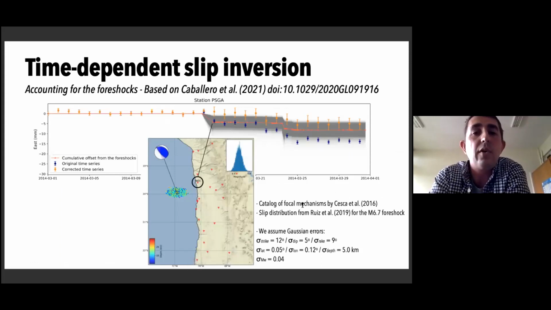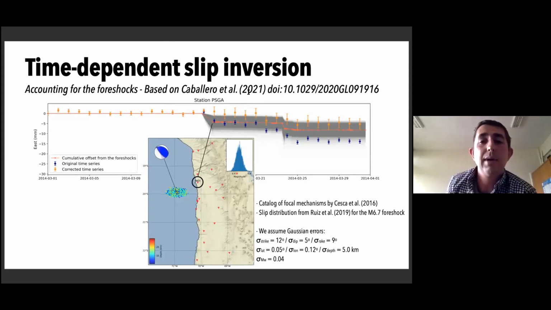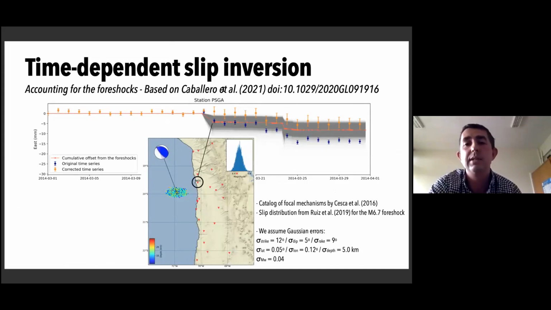For that, we developed a method, or actually I should say Emmanuel Caballero, a PhD student in our group, worked on a method so that we can correct the time series from the contribution of the seismicity, so that at the end we can eventually extract the aseismic component.